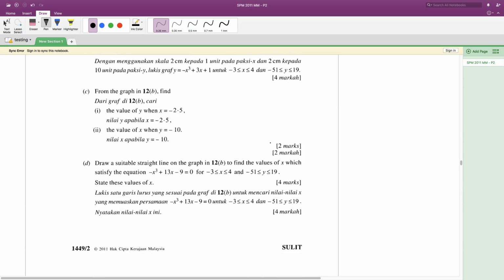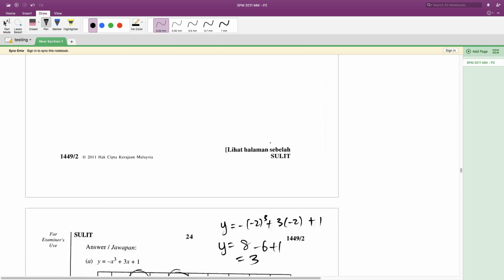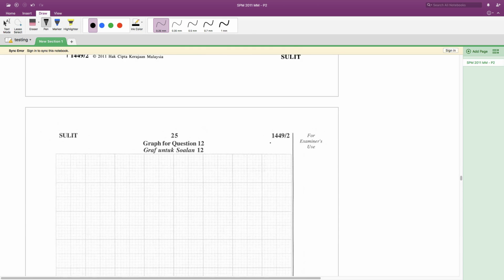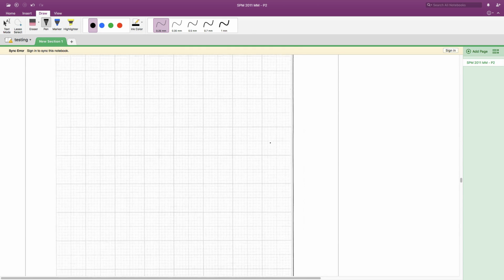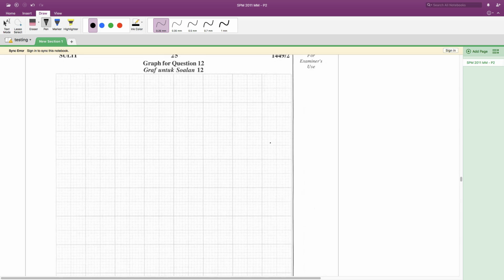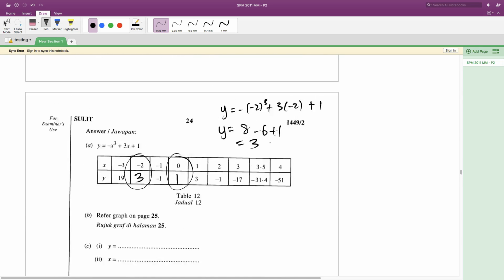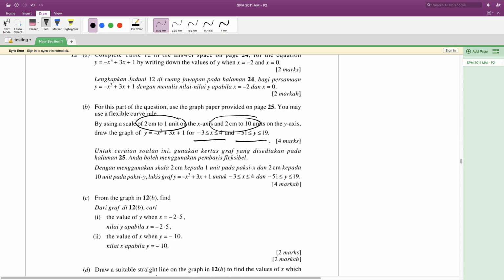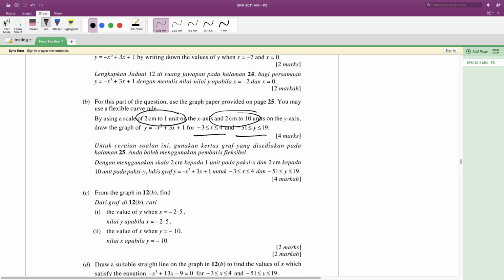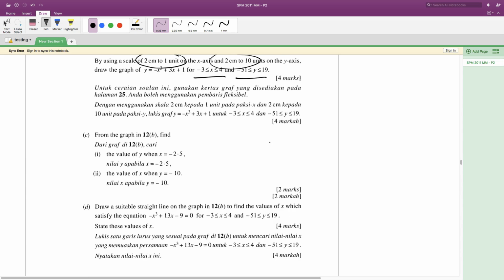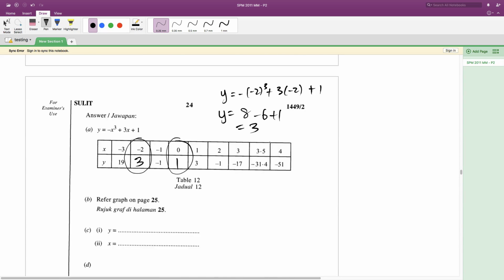Alright, so therefore this is what I will do here. Okay, the scale just now I kind of forgot. Let me just see it again. Okay, -3 to 4, okay, easy. -51 to 19 for y.